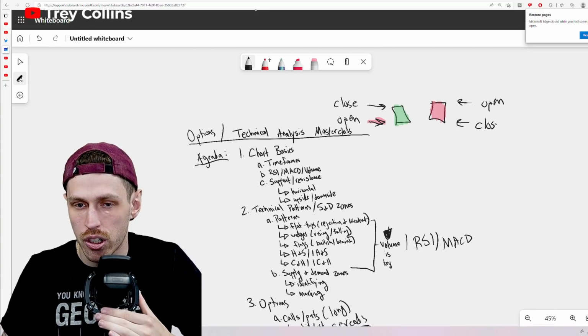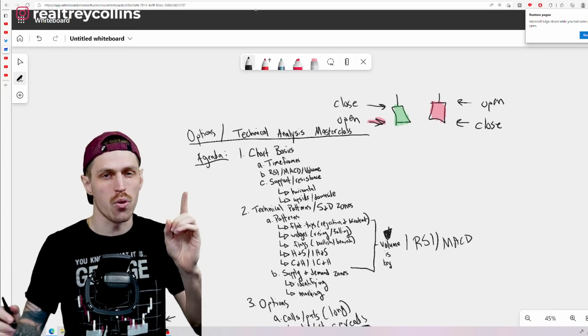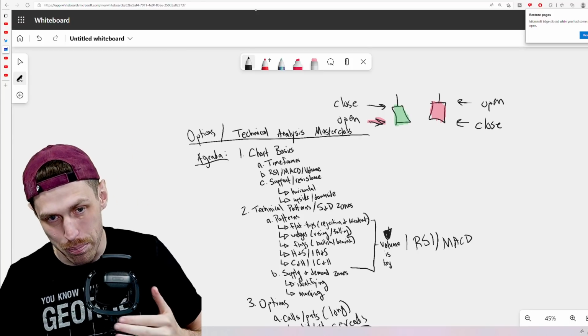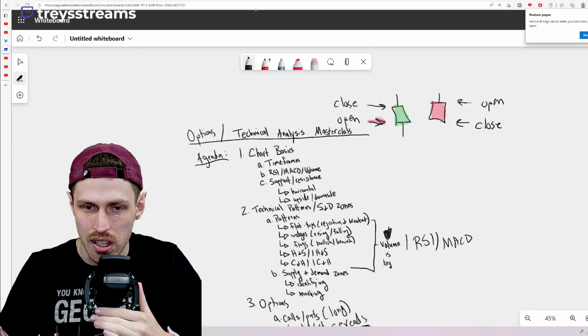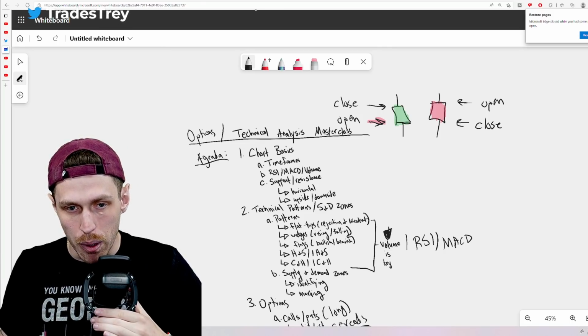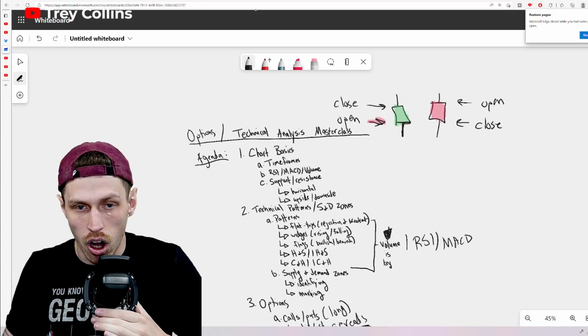You can also have what are called wicks. The wick of a candle, you can think of as basically like the string noodle that comes out of the candle. This is price action that was tested but didn't hold. So let's just say for a green candle that the price opened here, but right when it opened, it pushed down and then it came back up all the way to here.